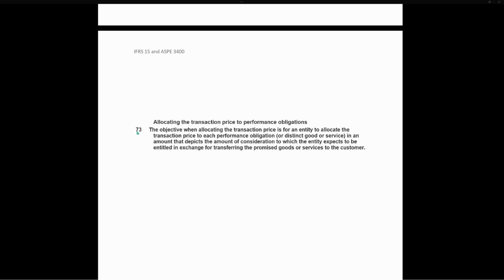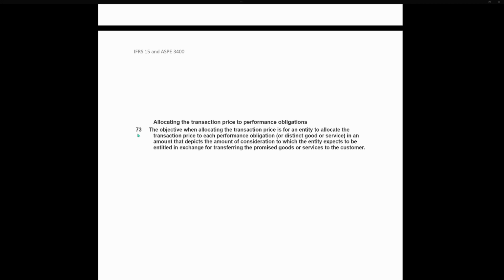You have definitely seen a couple of examples in previous cases that you have done, and simply it's talking about the proper allocation of the transaction price, and that should be done based on the standalone selling price.